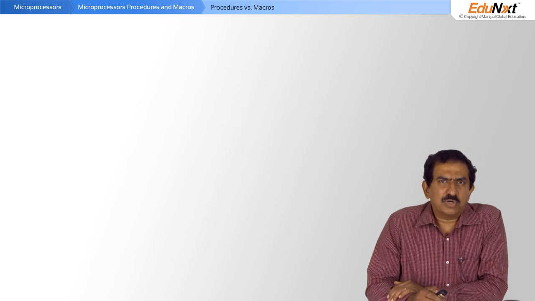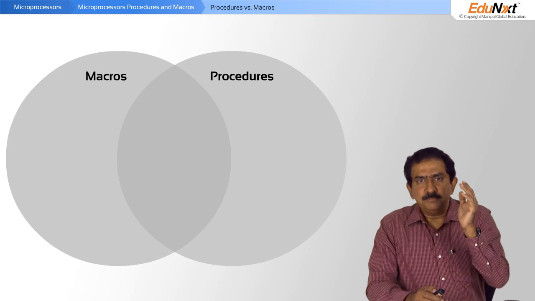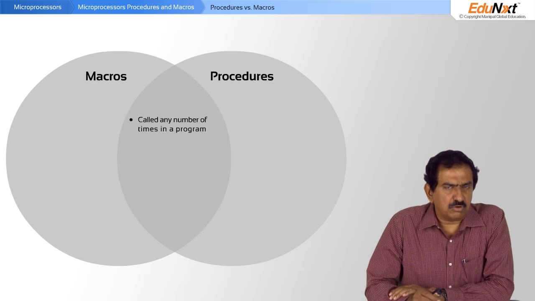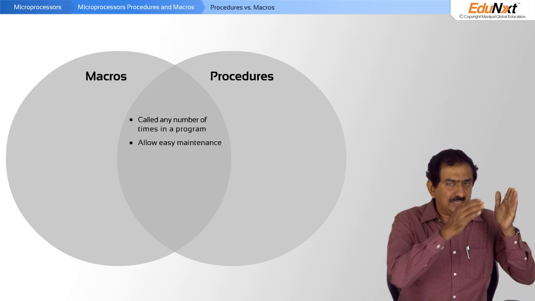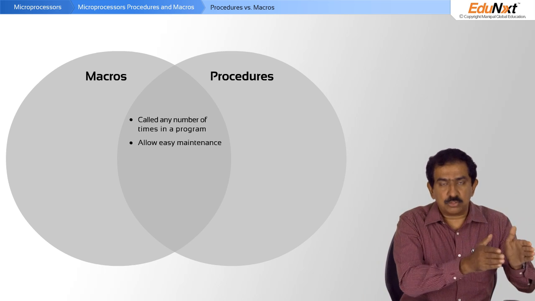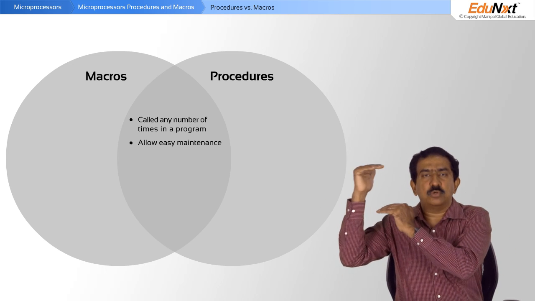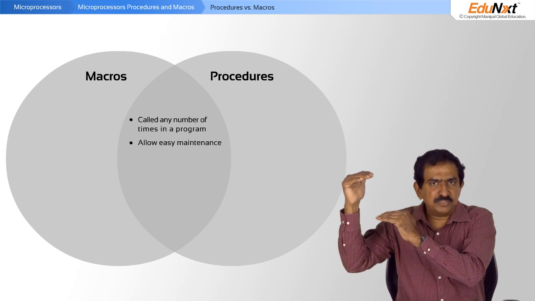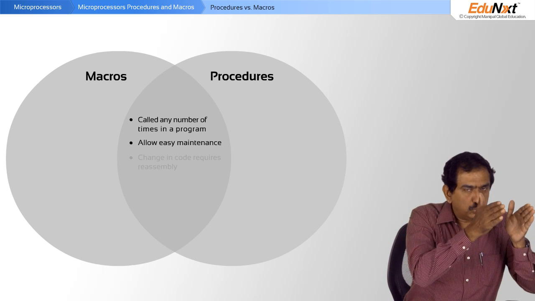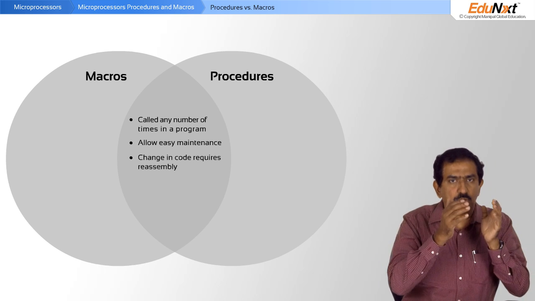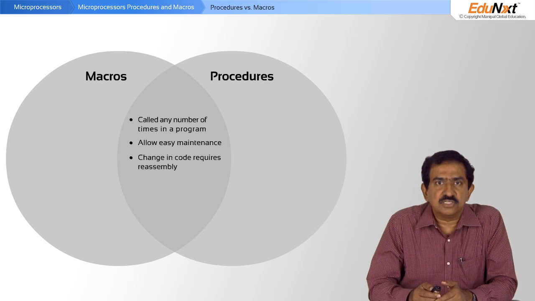Right? So what are the differences between procedures and macros? Number one, both can be called any number of times in a program. Both allow for easy maintenance. In the case of the macro, the prototype code is the only thing that you need to maintain. In the case of the procedure, anyway it's only once. You maintain that piece of code, everything is okay. Whenever you change anything in the procedure or the macro, you need to reassemble the code for obvious reasons.